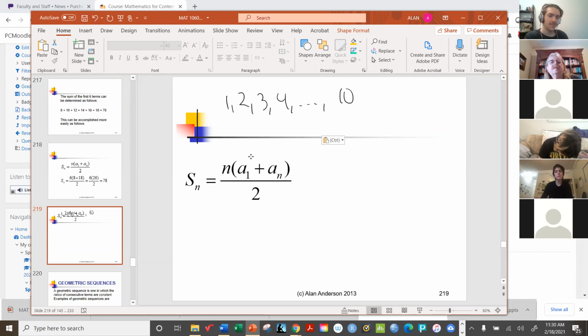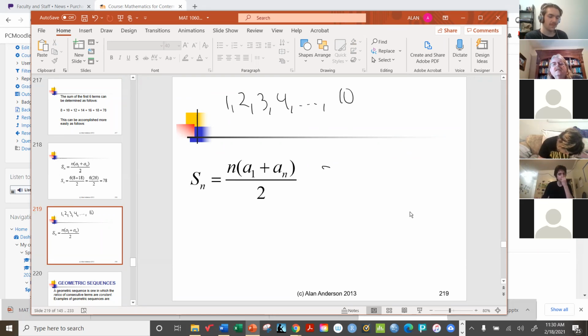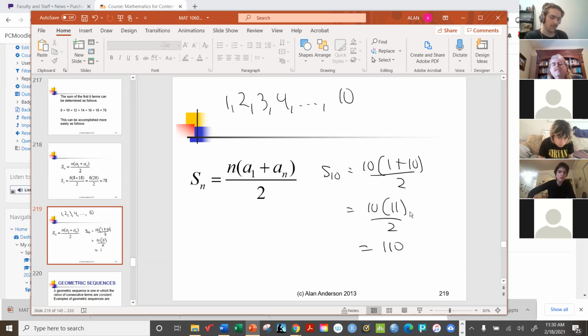In a case like that, you would have S10 is 10 times (1 plus 10) over 2. So in other words, I did not add these up in my head. I know this formula. And so the sum of the first 10 integers is 55, or the first 10 natural numbers.